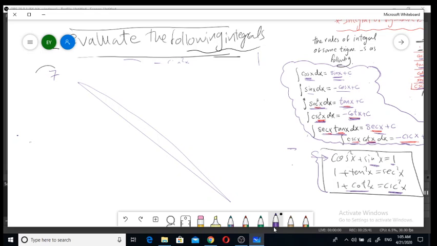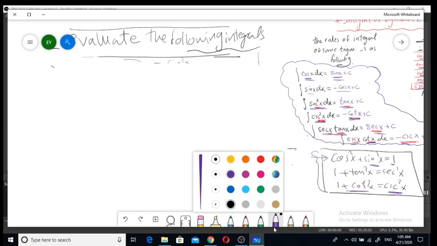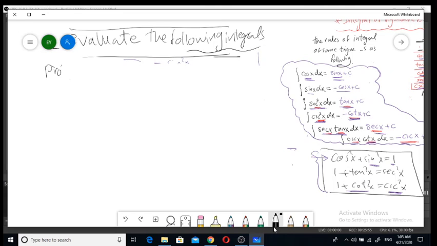Problem 7. If we need to find the integration of cosine squared x plus sine squared x plus tan squared x with respect to x, how can we find the integral of this expression?